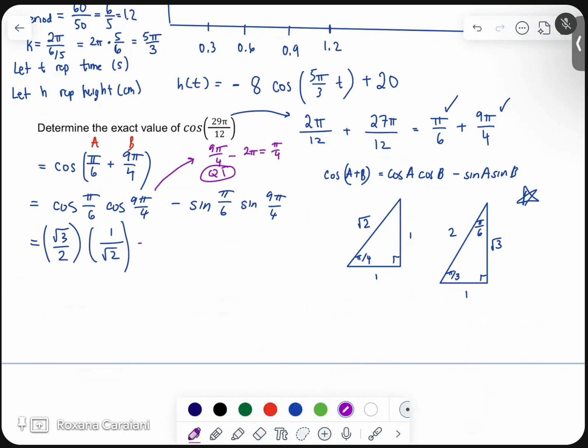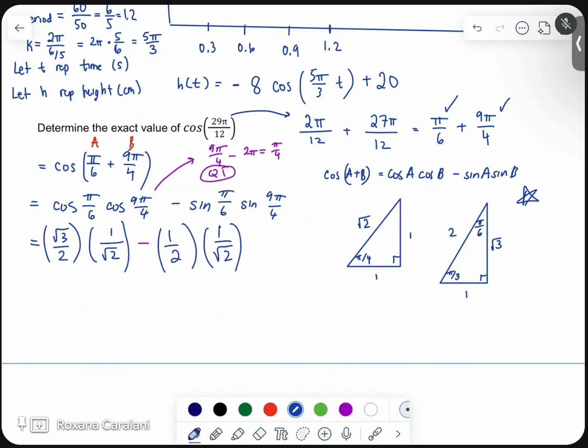Okay, so now I'm going to go to sine. Sine of pi over 6 is here, opposite is 1, hypotenuse is 2. And then sine of 9 pi over 4, or pi over 4, is opposite is 1, hypotenuse is root 2.